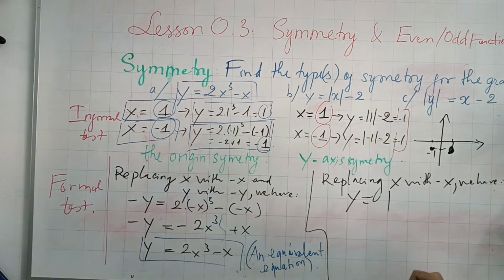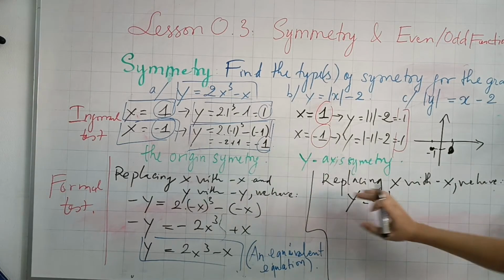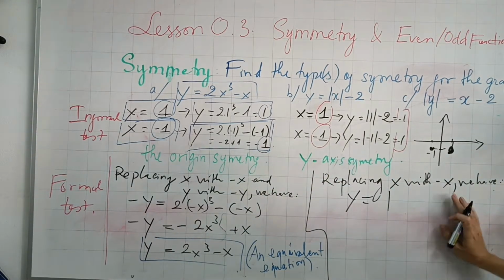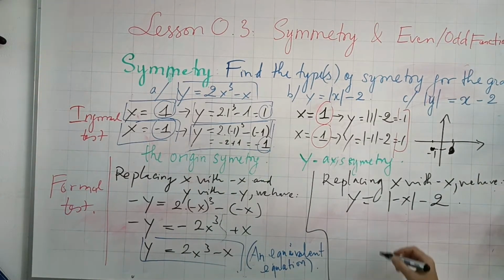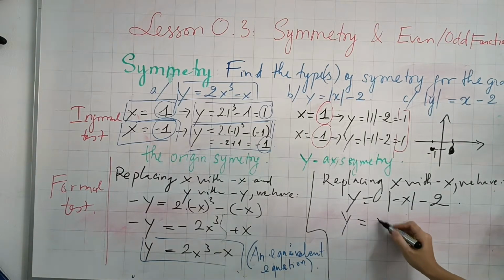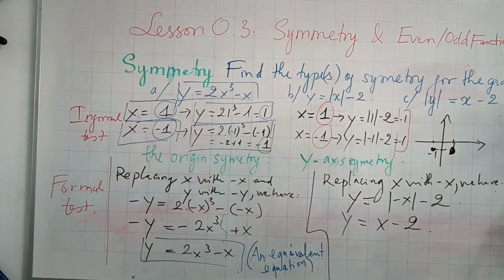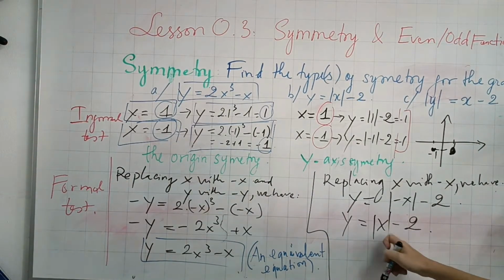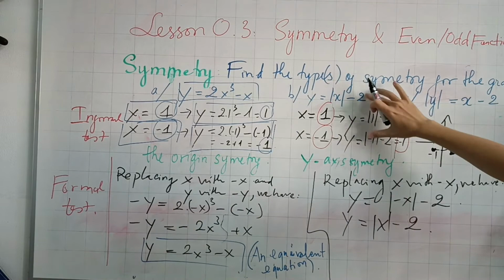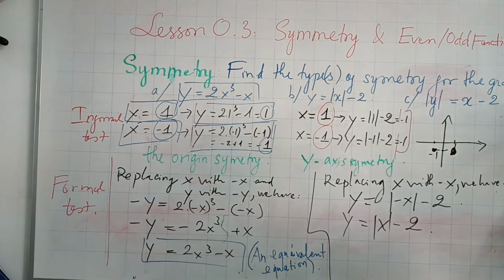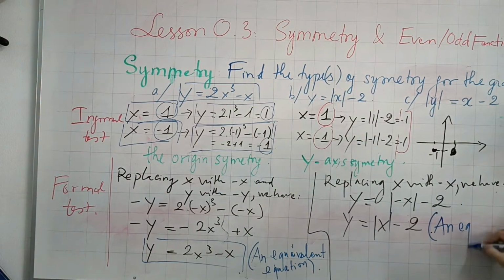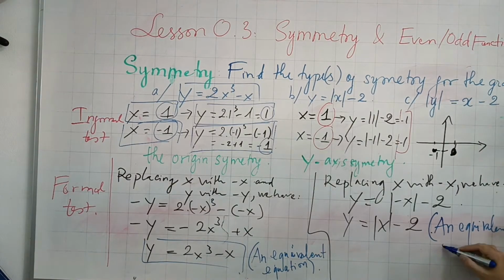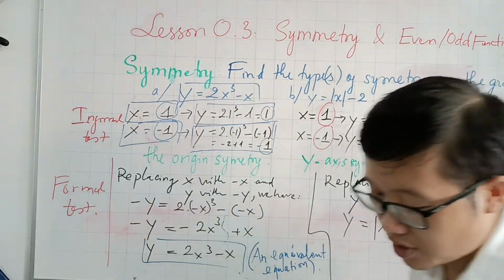Y equals absolute of x minus 2, but we replace x with -x, so it is absolute of -x minus 2, which is the same as absolute of x minus 2. It is the same as the original function, so we have an equivalent equation. So the graph is y-axis symmetry.